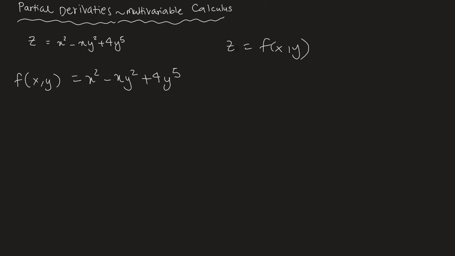Since this function is in two variables, x and y, we have to differentiate this equation with respect to x and then with respect to y. The fancy d that you see here just represents partial derivative. This means that you're taking the partial derivative of the function z with respect to x.